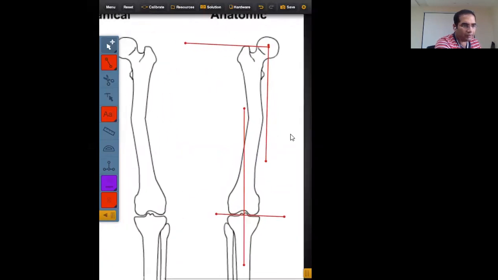See what has happened. The two lines are not coinciding with each other. What does it tell you? That there are two opposite deformities in this femur, because of which my lines have not coincided. I'm not able to get a CORA. So you'll have to draw a third reference line.